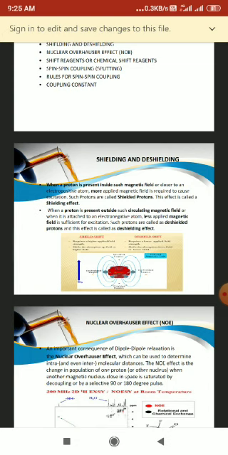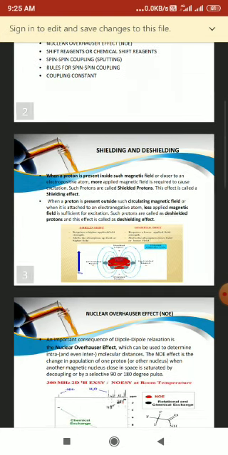When a proton is present inside such a magnetic field or closer to an electropositive atom, more applied magnetic field is required to cause excitation. Such protons are called shielded protons. This effect is called the shielding effect.